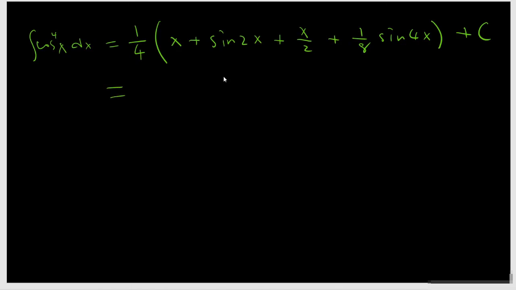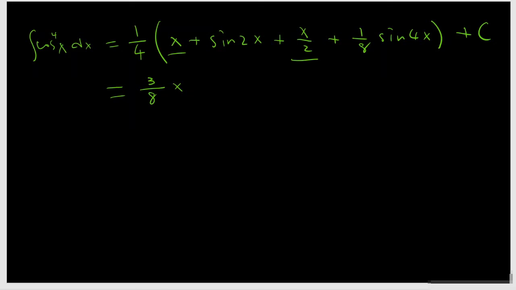x plus half of x, I believe, is 3 over 2 x. So multiplied by this 1/4, that's 3 over 8 x. You combine the underlined two terms together with the factor of 1/4.